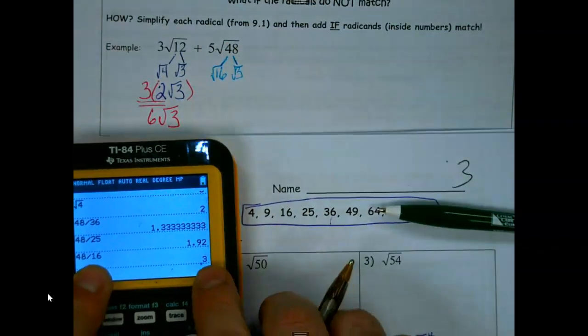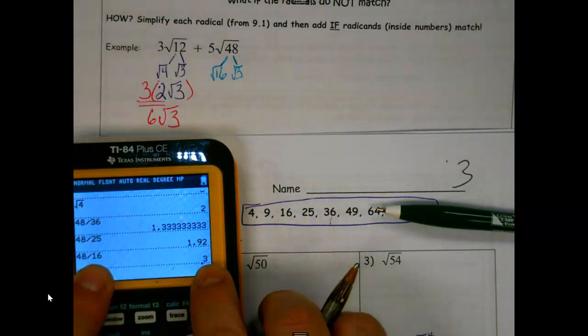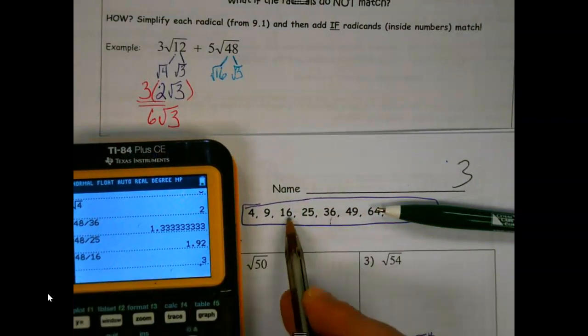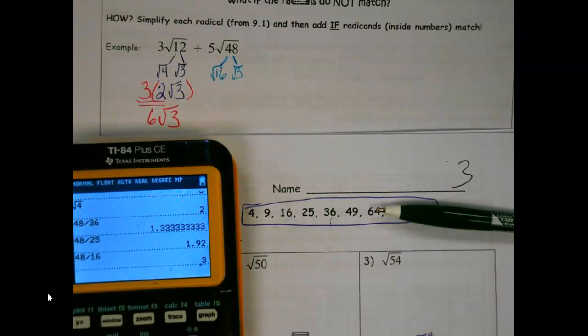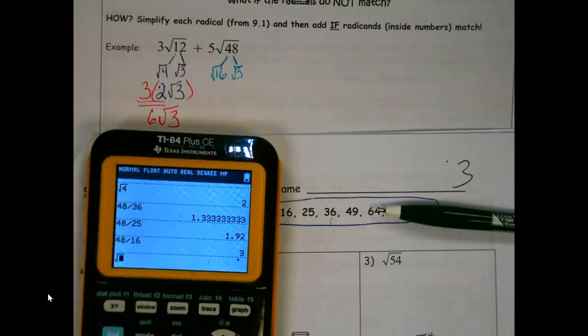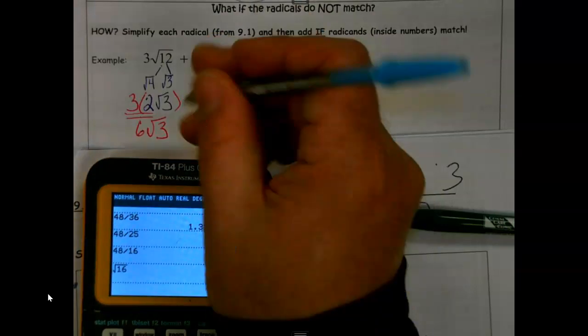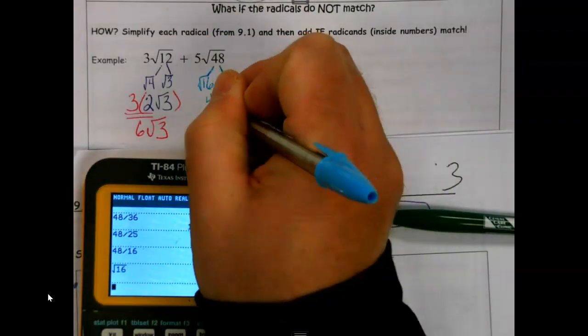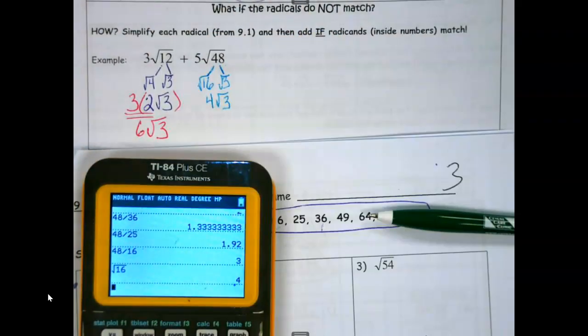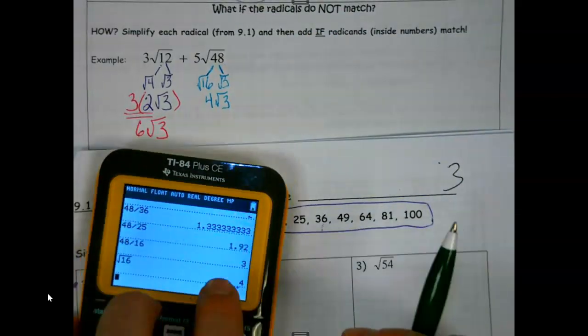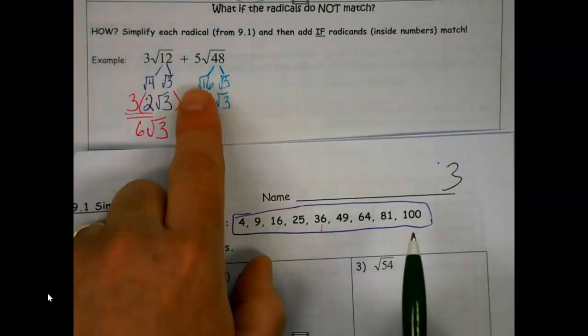Again, what I divided by, what I get for my answer. And again, the one that's in here is the one that breaks down. So the square root of 16 is 4. Square root of 3, the 3 is going to stay underneath. Only one's going to break down.